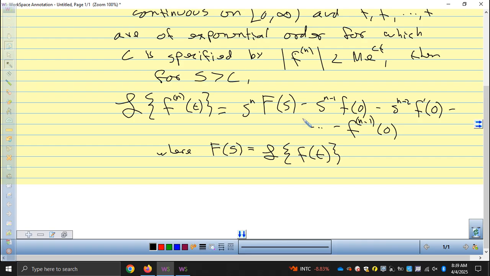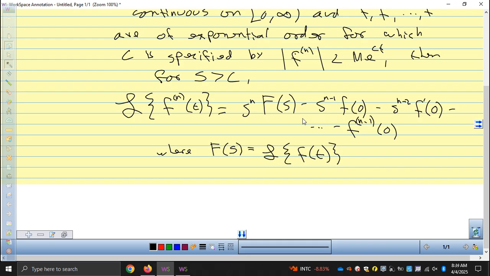But I want to point out here what we end up doing: we have a differential equation. We're going to apply the linearity principle and take the Laplace transform of all of our various derivatives, and the Laplace transform of the right-hand side of our differential equation, which is usually some function of t.